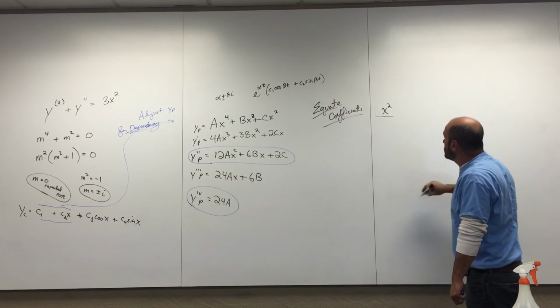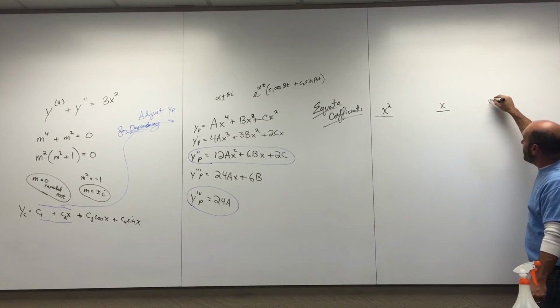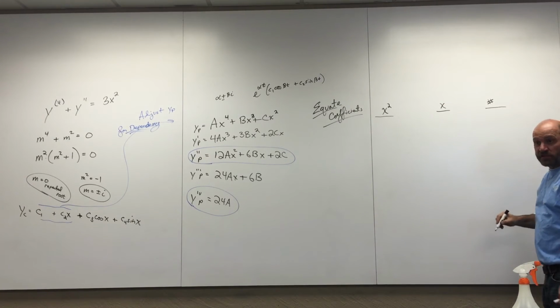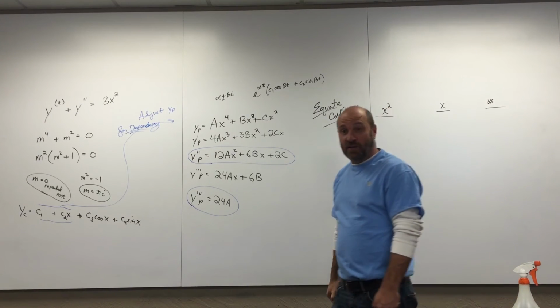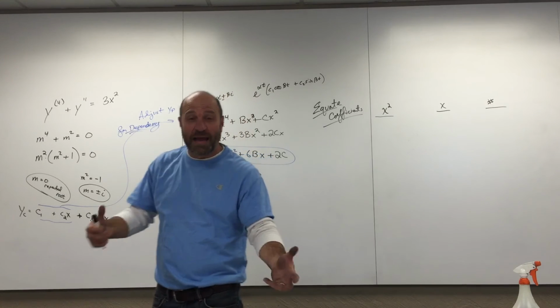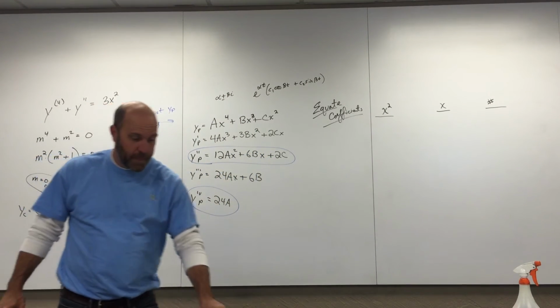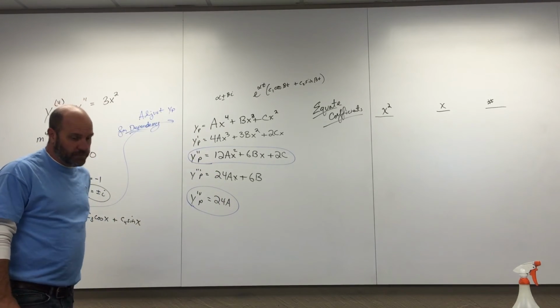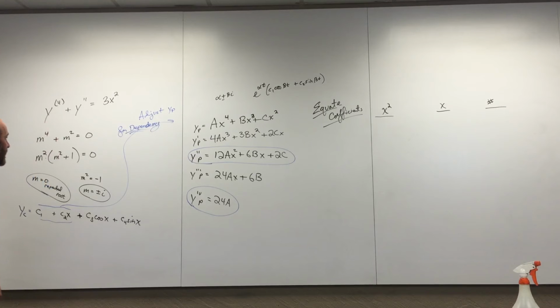I can do it to the x squareds, the x's, and the plain old numbers. I can look at the coefficients of all those types of terms. Okay, let's find the x squareds.